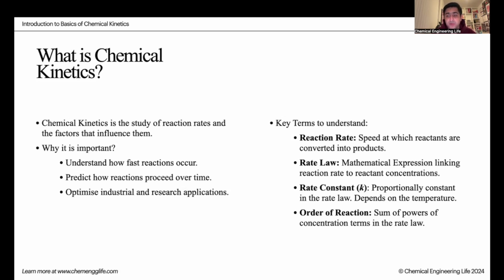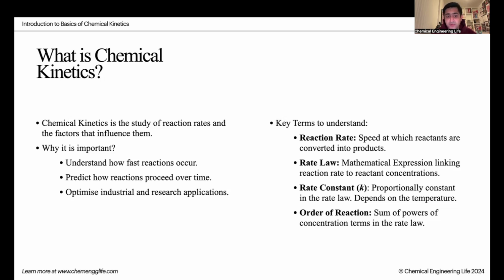At the same time, you would like to know how reactions proceed over time. It could be, for example, like climate change, the effect of the ozone layer. We would like to know how quickly that reaction takes place and how we can mitigate it or minimize the reaction time as well.